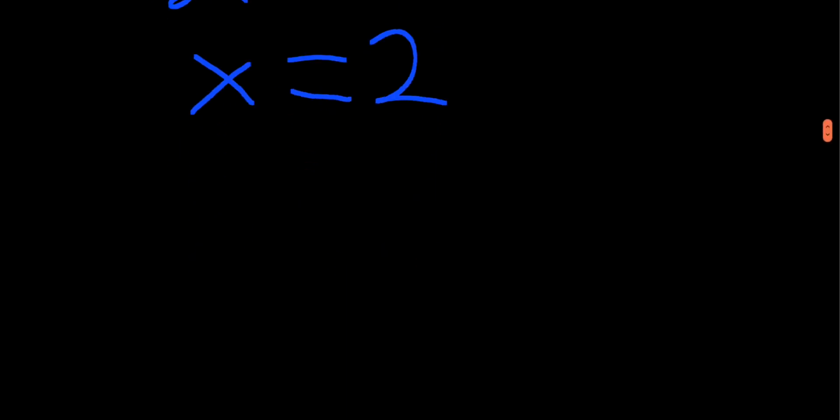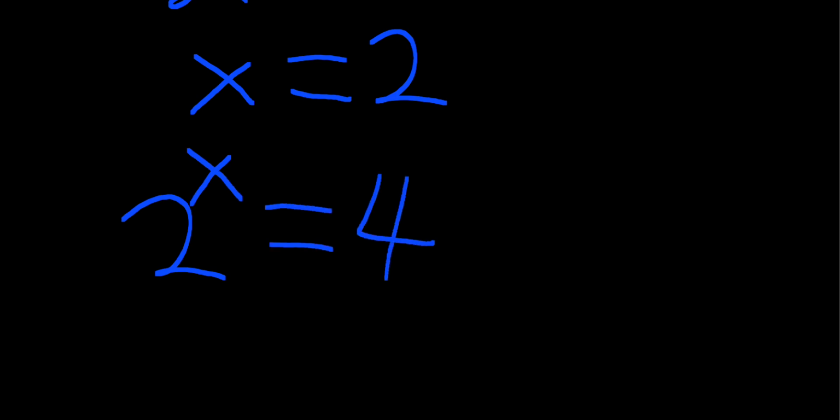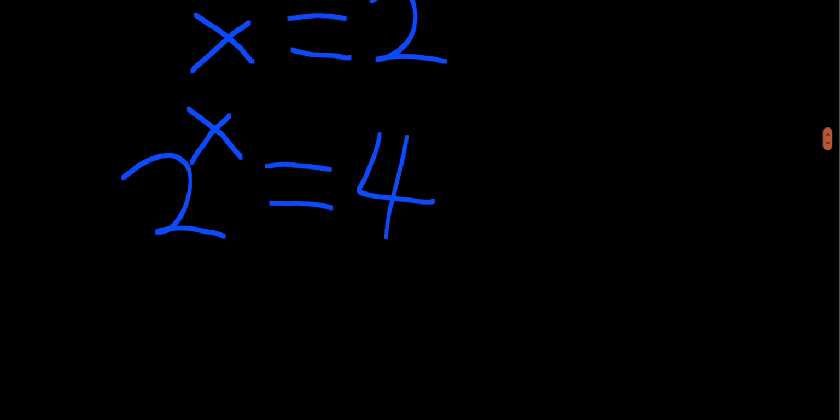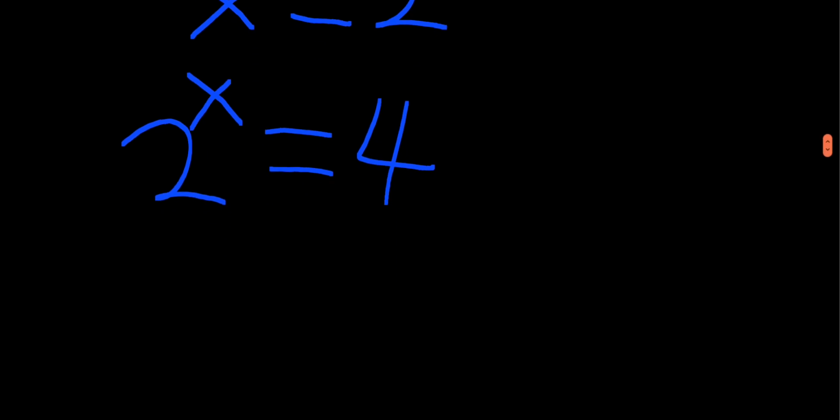Now, let's try the example that we started with in this tutorial. So we have 2 exponent x is equal to 4. To solve this problem, you can see that the bases are not the same. Note, 4 here is a base to exponent what? 1.